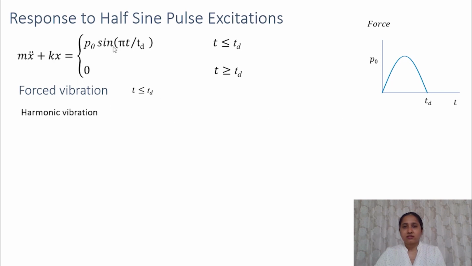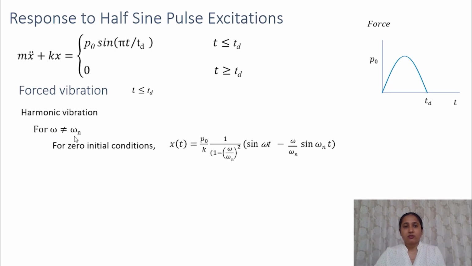Since it is a harmonic force, the system is under harmonic vibration, and we know the response of harmonic vibration. So when omega, that is the forcing frequency, is not equal to omega n, then we know the expression for the displacement response for harmonic vibrations.